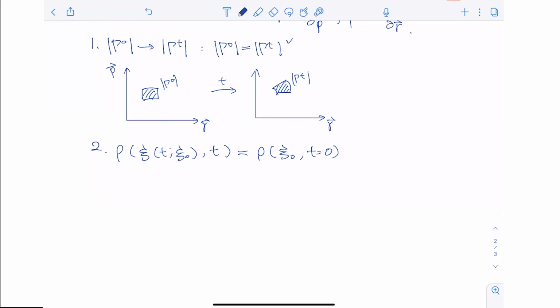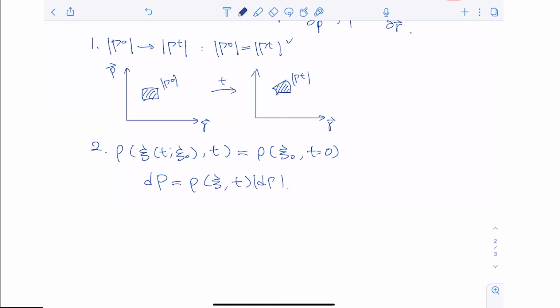So what's the meaning of this rho? If we ask what's the probability of finding a system around a phase space point nearby a volume d gamma, then the probability can be expressed by this rho.